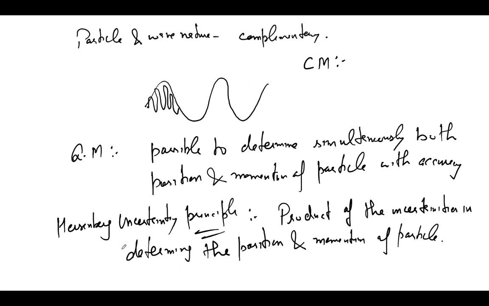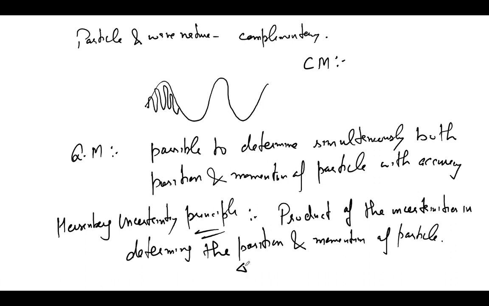So if the particle has some finite position within this wave packet, then its velocity spread is very large. And if we limit the momentum of the particle, that is for a very large wave packet, then the uncertainty in the position of the particle becomes very large.